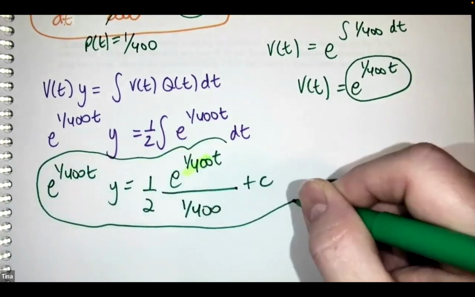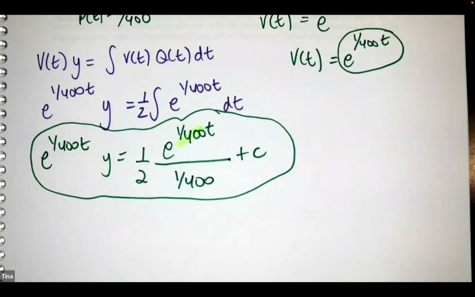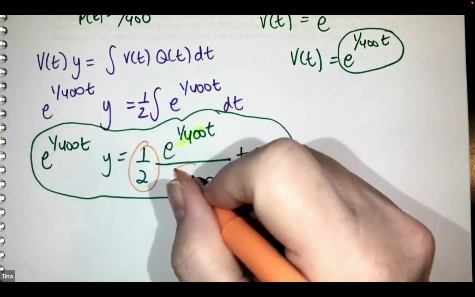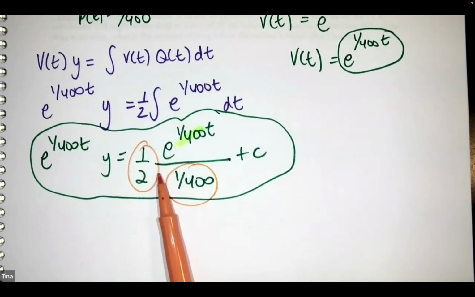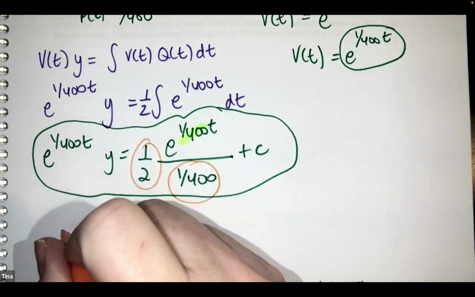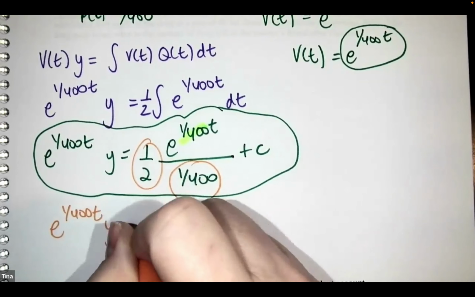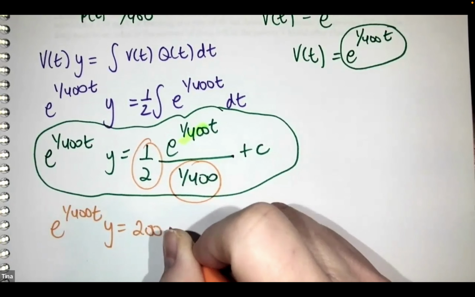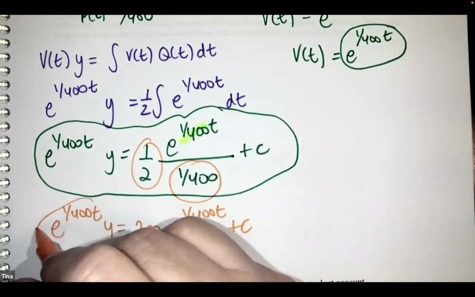And of course, if you forget your plus c, you're in trouble, just like always. So it's 1/2, and if we divide by 1 over 400, it's like multiplying by the reciprocal, right? So we can take a half times 400, so that's really just 200. So it's e to the 1 over 400 t y equals 200 e to the 1 over 400 t plus c.